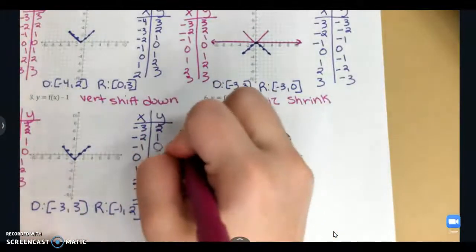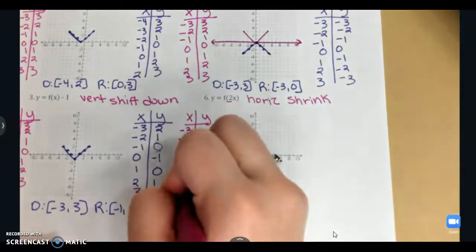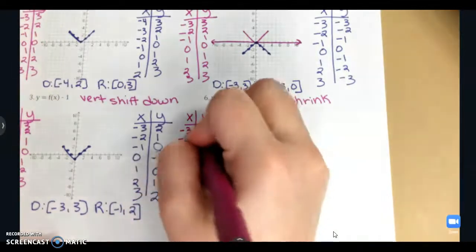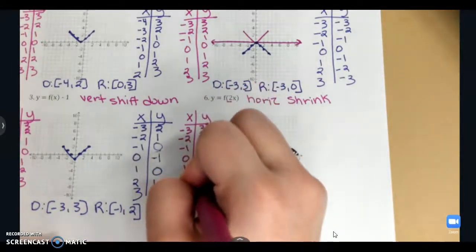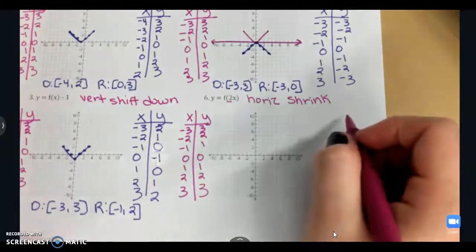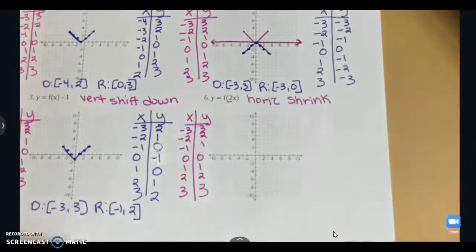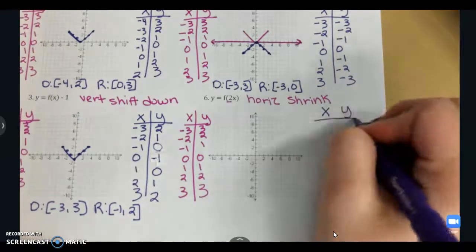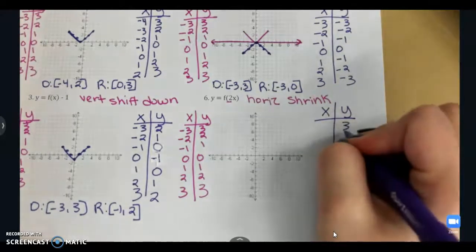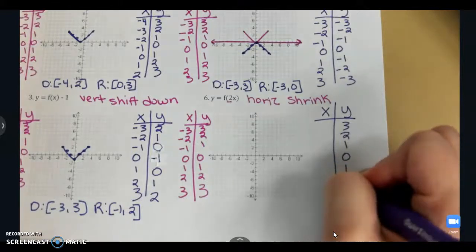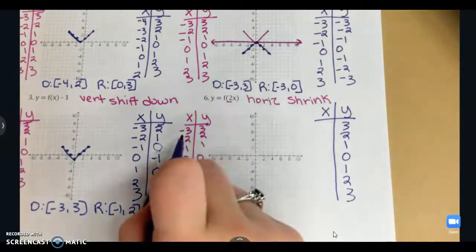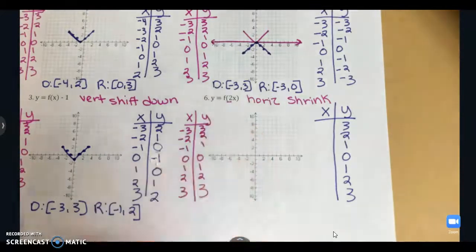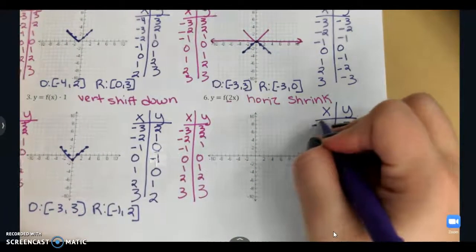So again, I'm going to get the points from our parent function on here. Now a horizontal shrink means my x values are going to be getting smaller. So my y values are going to stay the same. And on my x values, I'm going to divide each of them by 2 because we're shrinking them.